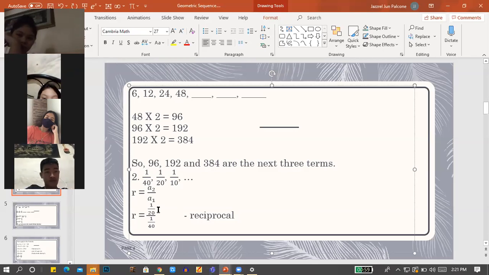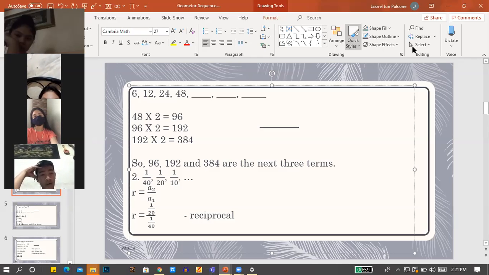R is equals to, ano nga yung A sub 2 natin, Grace? Ano yun? Okay, sige po.